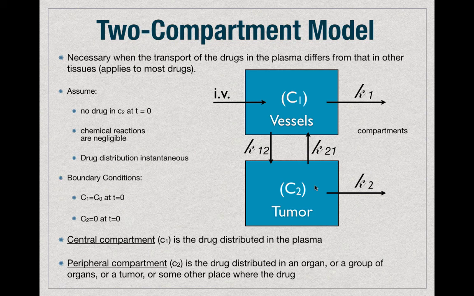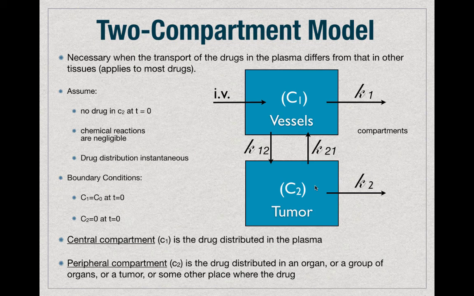Again, we're going to make some assumptions. We're going to assume that there is no drug in compartment 2 at T = 0, that the chemical reactions are negligible, so we're not accounting for any kind of binding, and that the drug distribution is instantaneous.